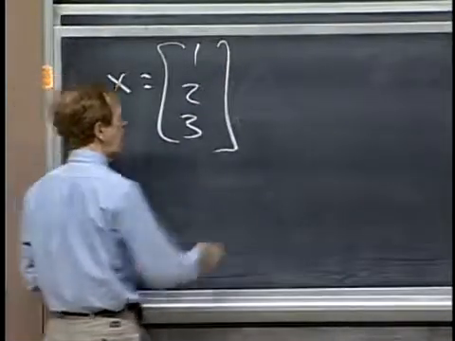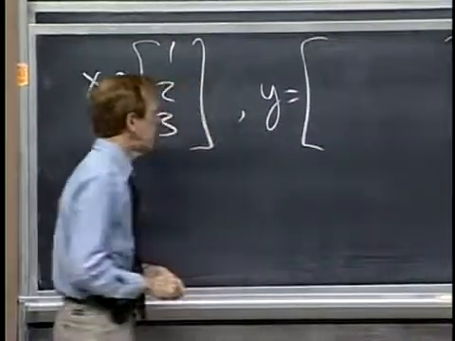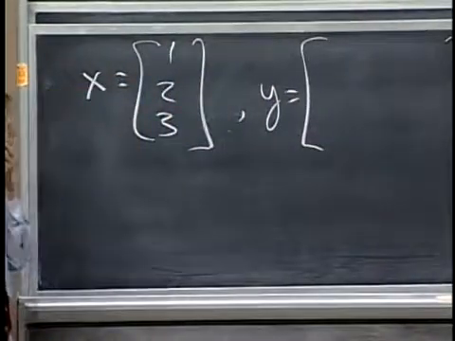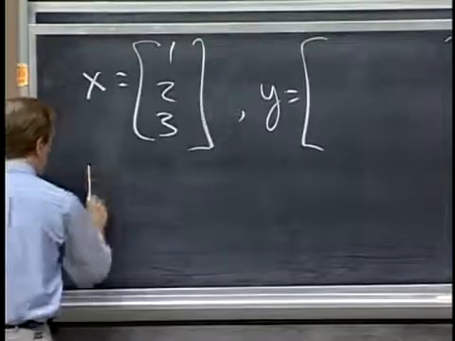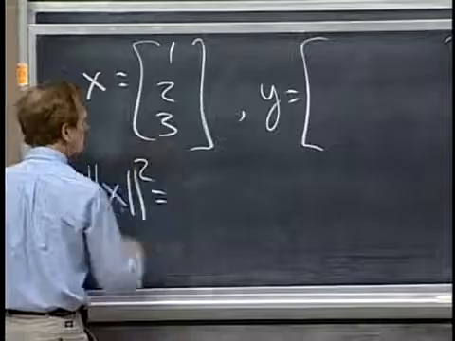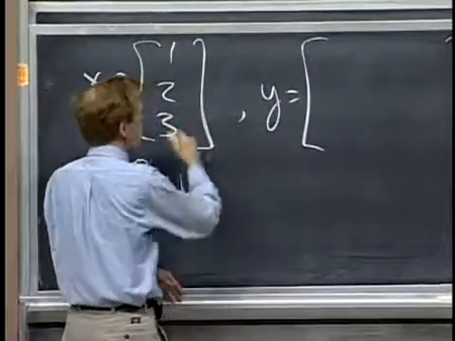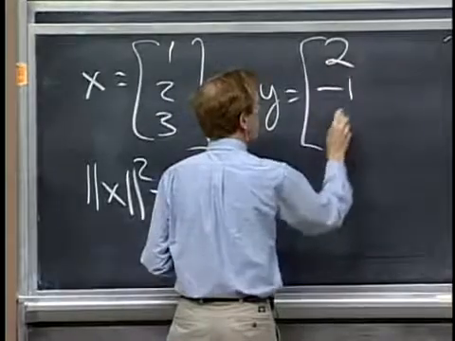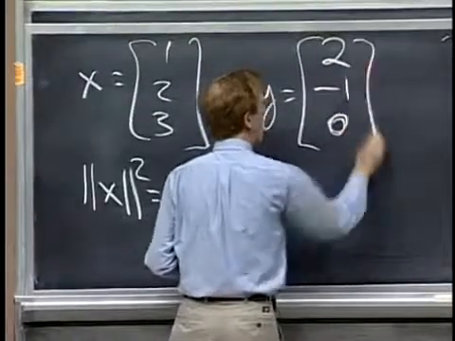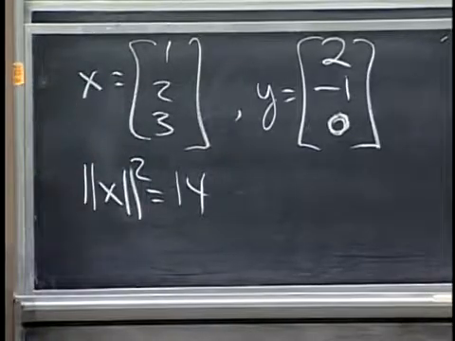Let me cook up a vector that's orthogonal to it. So write down here, x squared is 1 plus 4 plus 9, 14. We'll get y, right?